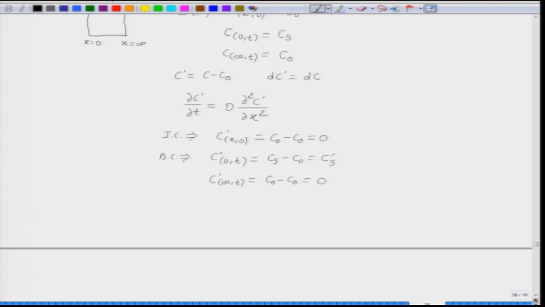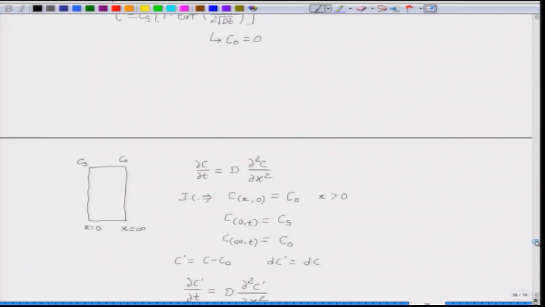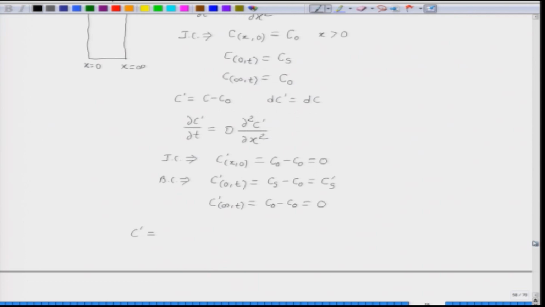The equation for the concentration profile in terms of C prime would be Cs prime into 1 minus error function x over 2 root Dt, and if we substitute for C prime, it takes the form C at any x and t minus C0, divided by Cs minus C0, is equal to 1 minus error function x over 2 root Dt.